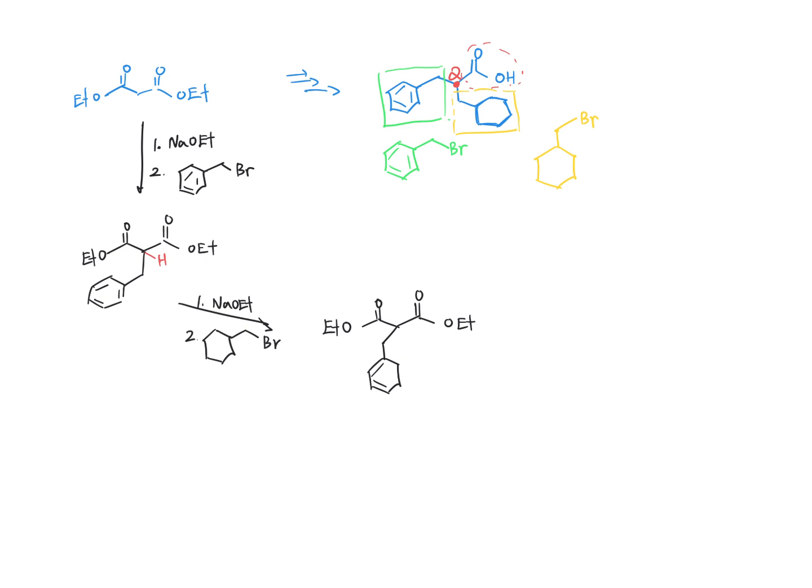So this is the first one, the green one, and now I also have the second one coming in. And how do we get the final product? Throw in the hydronium for the hydrolysis, throw in the heat for the decarboxylation, and that is how we achieve the substituted carboxylic acid at the alpha position. So that is the end of this video.